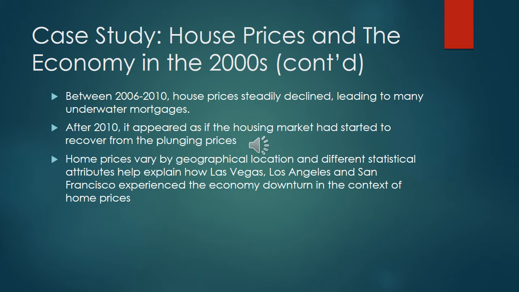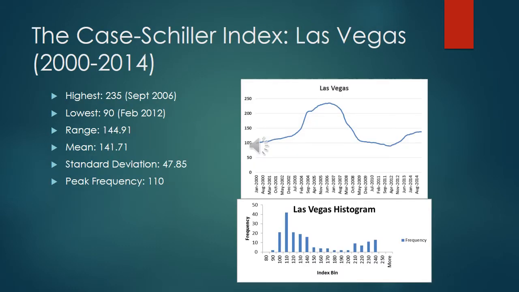As you can see, the housing prices reached their peak around 2006, similar to the US economy. They reached their lowest point of the index around 2012, also similar to the US economy. All three cities are now in a state of recovery, but only Las Vegas had to recover from a weaker point than its original score in 2000.